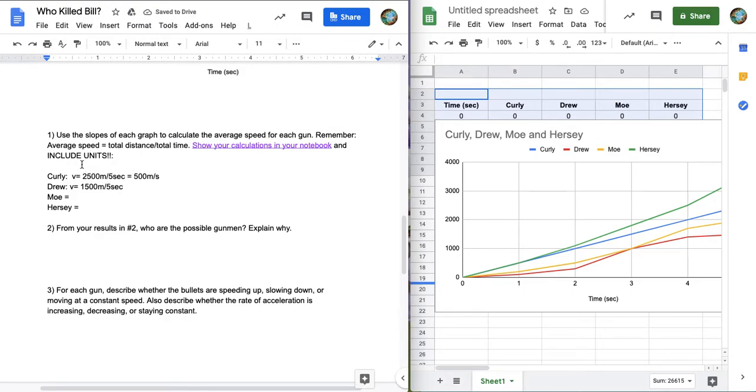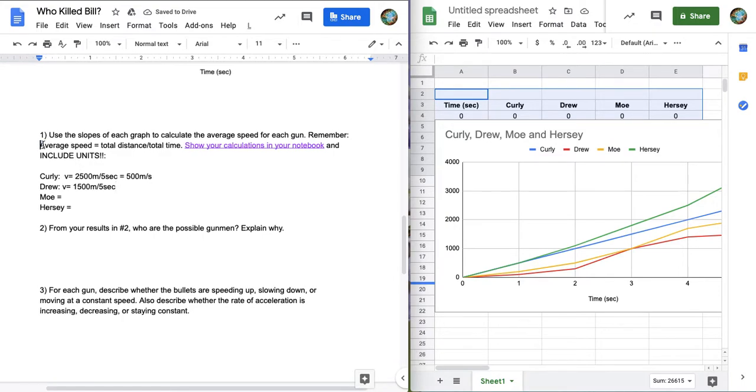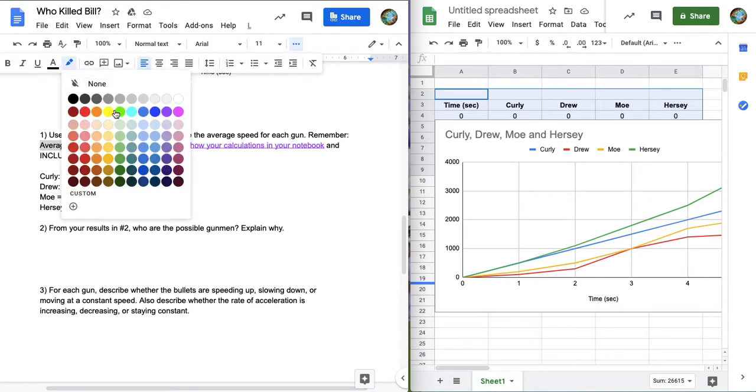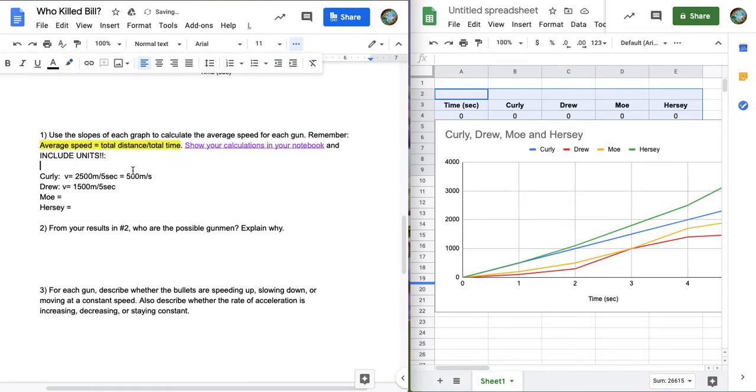Remember, I'm using this equation right here: average speed is distance over time. That's all that I'm doing, and I'll continue doing the same thing for Mo and Hersey.